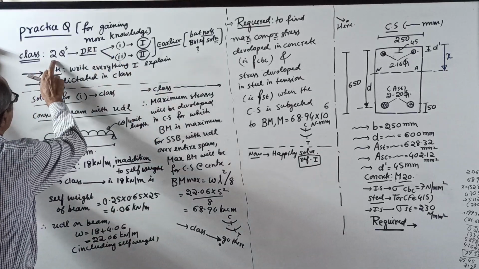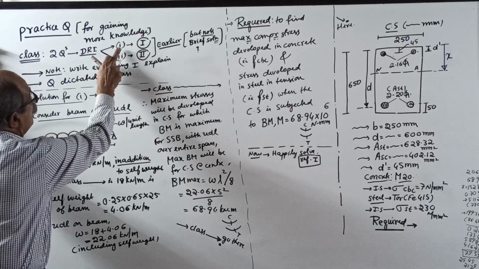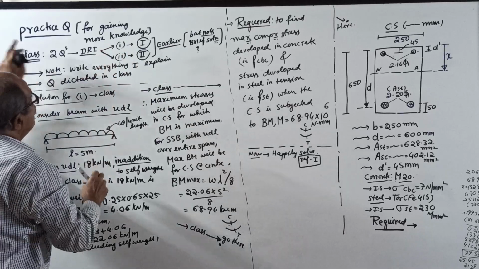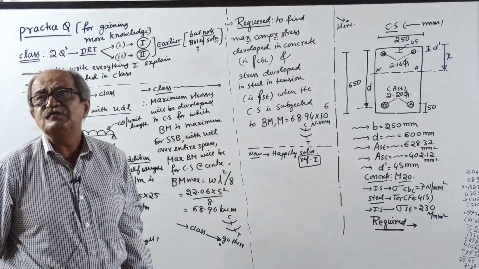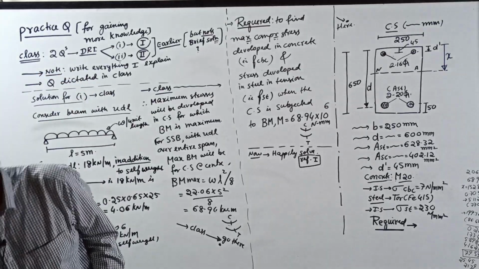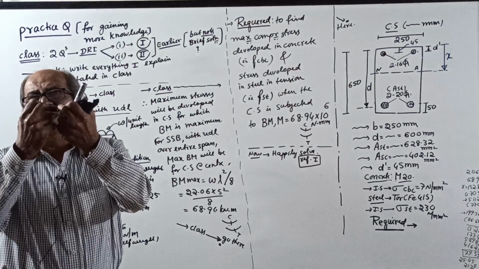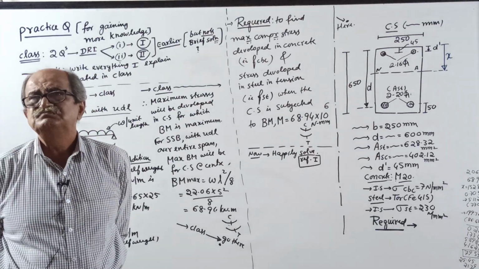The question numbers in today's class will be 1 dot and 2 dot. This 1 dot is equivalent to Roman 1, which I told earlier. Randomly apply a bending moment or any bending moment and see how much stress will come.